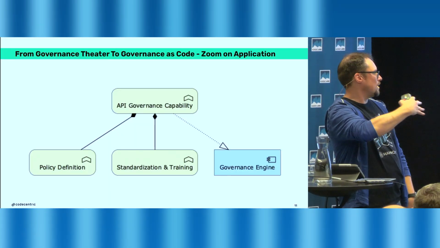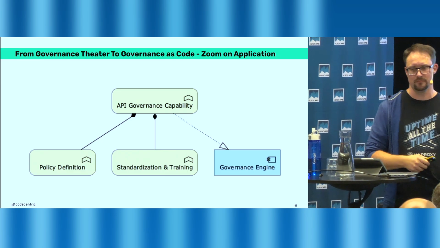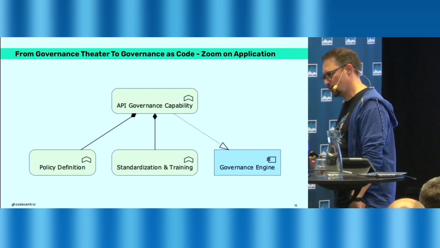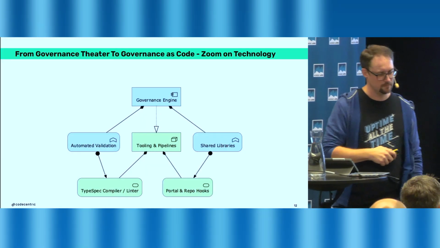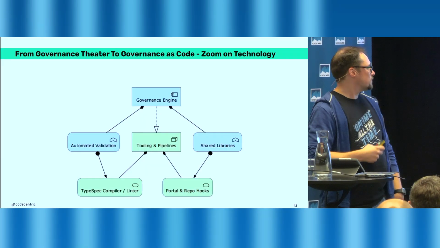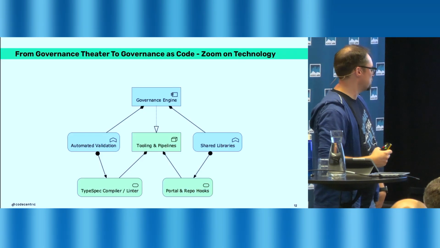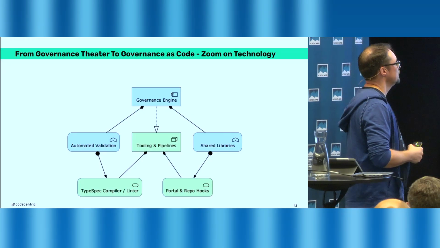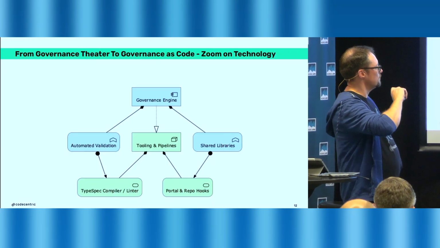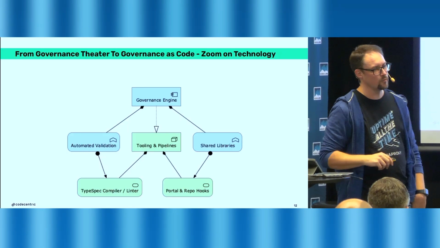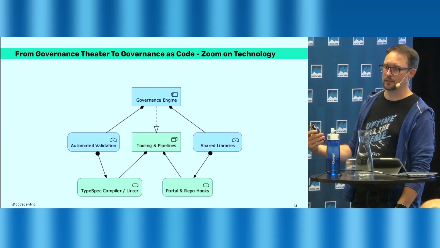And out of this comes the technical component of having a governance engine, because this is what you want to have when you go to scale in an enterprise. And this governance engine leads to automated validation, because there's this Typespec compiler and linter, and we have tooling and pipelines available, and we totally rely on shared libraries, so people can import stuff that is used in the company.